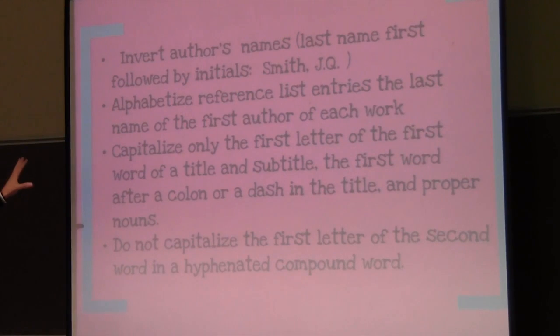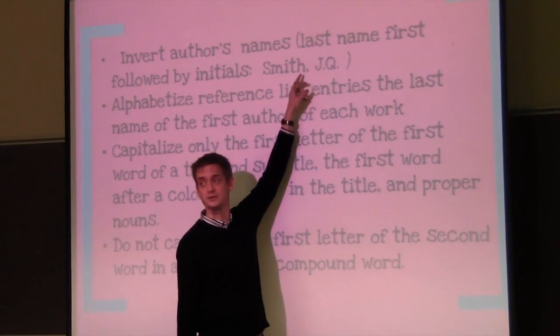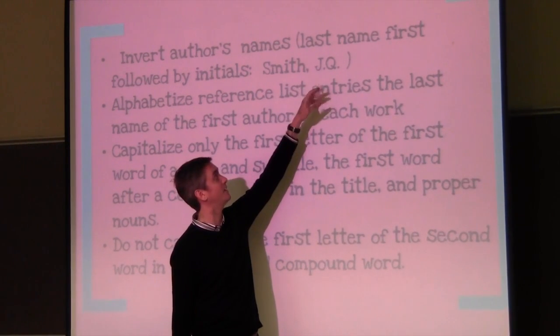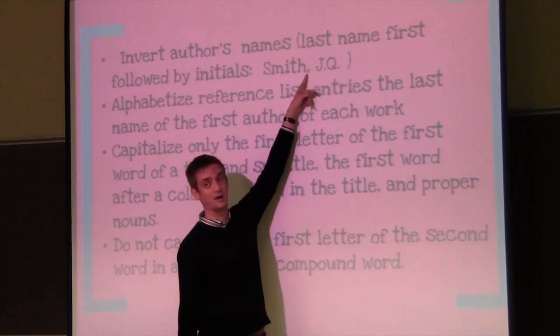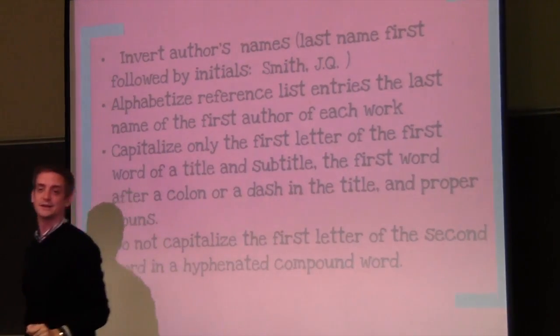So this is for the works cited page. In general, we invert the author's names. So last name first. We have Smith, comma. And by the way, a little trick in case you have a difficult time telling a family name from a given name. If you see a comma, the name that comes before it is a family name.